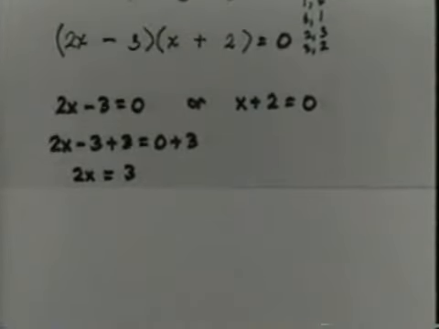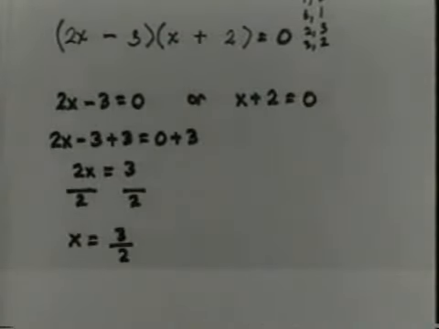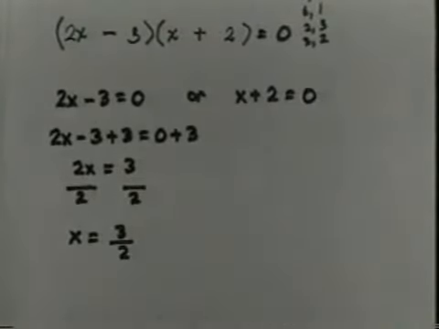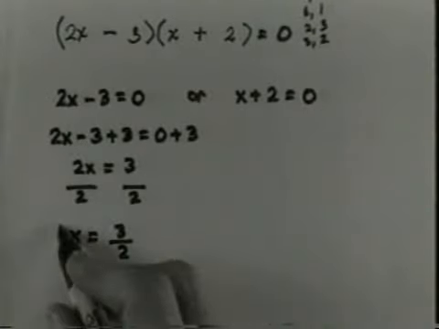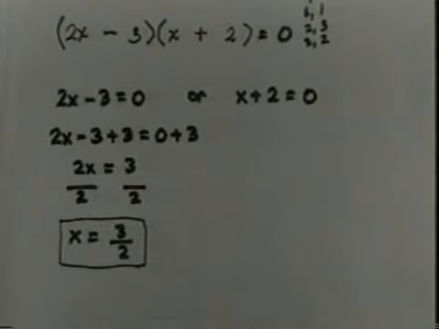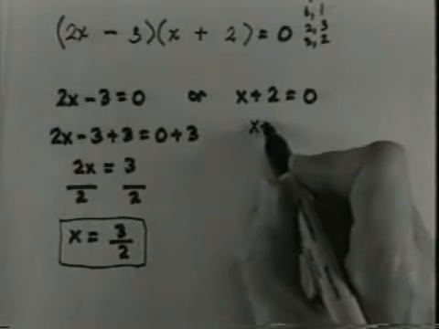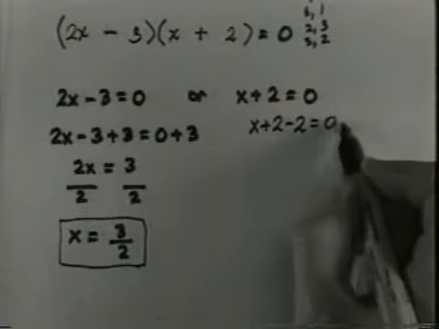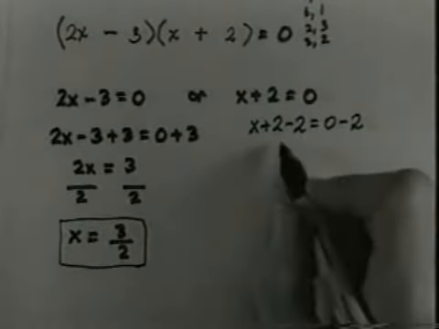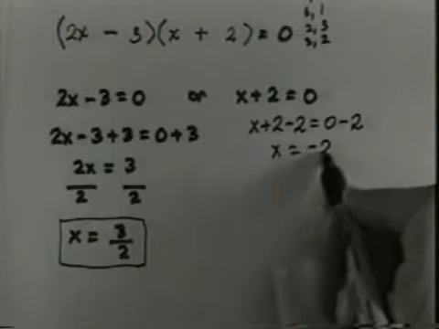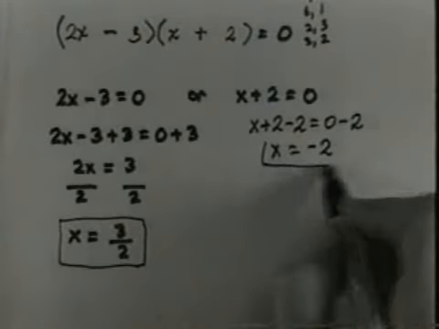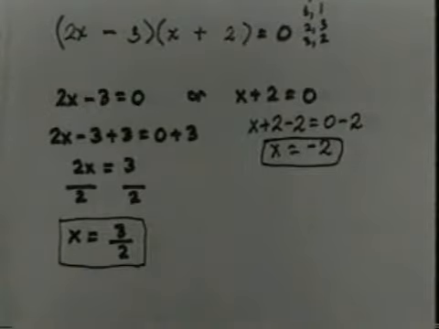Then we solve for x by dividing both sides by 2, and that gives x is equal to 3 halves. x equals 3 halves is one of the solutions. x add 2 equals 0. x add 2 subtract 2 equals 0 subtract 2, and that gives x equals negative 2. So here our two answers are x equals 3 halves or x equals negative 2. Once again, I'll leave the check to you.